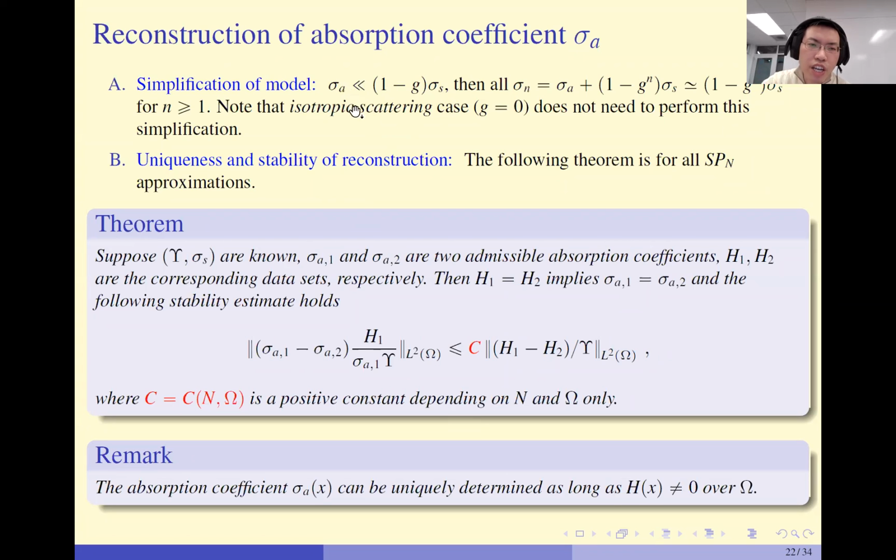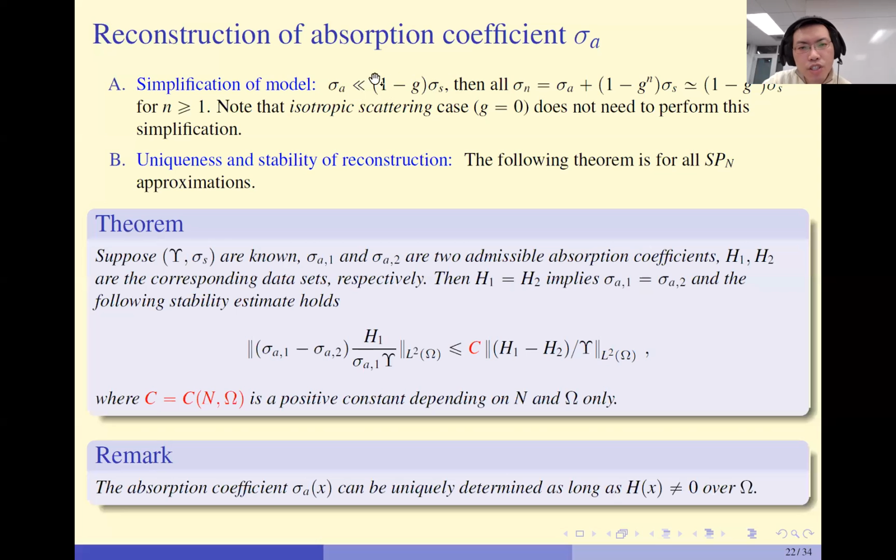The first assumption we take for the reconstruction is that the absorption coefficient is much smaller than this quantity, (1 minus g) times sigma_s. This quantity is known as the effective scattering coefficient, which means that if you want to use a diffusion model to simulate this process, this is actually the coefficient that we use for the diffusion.